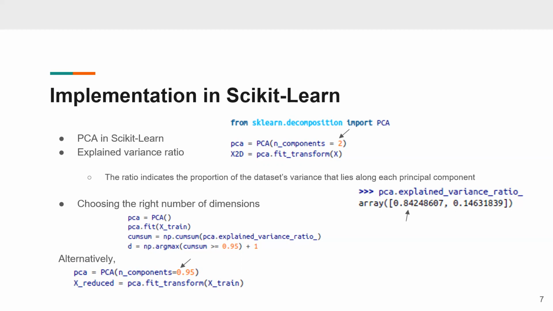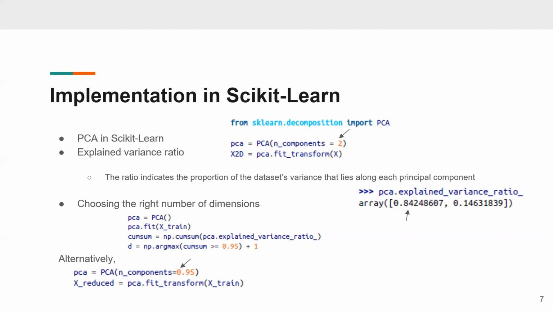This example tells you it's perfectly fine to reduce the dimension from 3 to 2. It's the same for high dimensional space. You want to look at all these numbers to see what would be the proper variance explained for your dimensionality reduction algorithm.